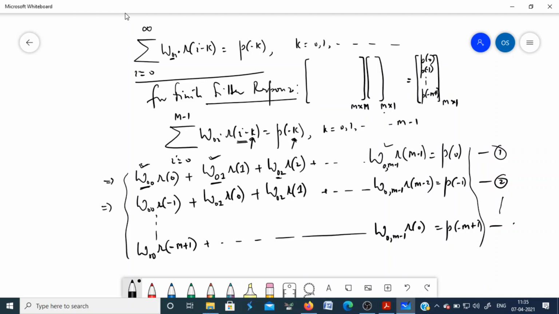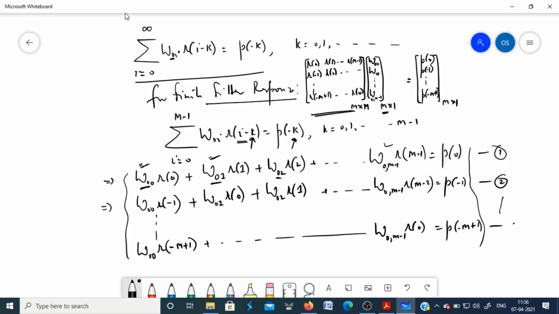So this M cross 1 vector will be a vector of the filter weights. So we have W00, W01, W02 up to W0(M minus 1). These are filter weights. And this M cross M matrix will be an autocorrelation matrix. So its first row will be R0, then R1 up to R of M minus 1. The second row will be R of minus 1, then R of 0, and so on. So last will be R of minus M plus 1, and so on, up to R0.